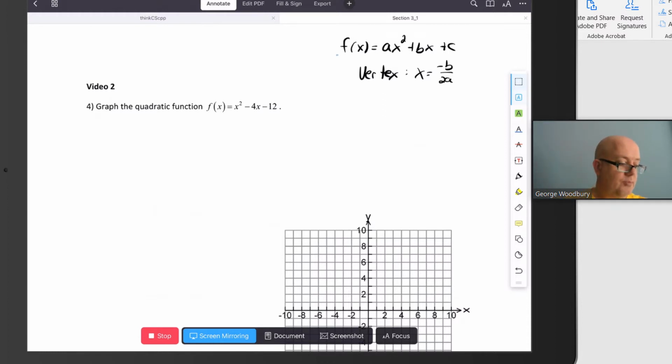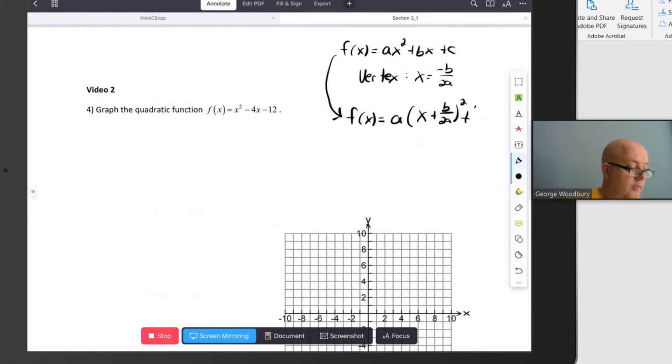Where that comes from, real quickly, is if you complete the square for this function, you will get f of x equals a times x plus b over 2a quantity squared plus 4ac minus b squared all over 2a.